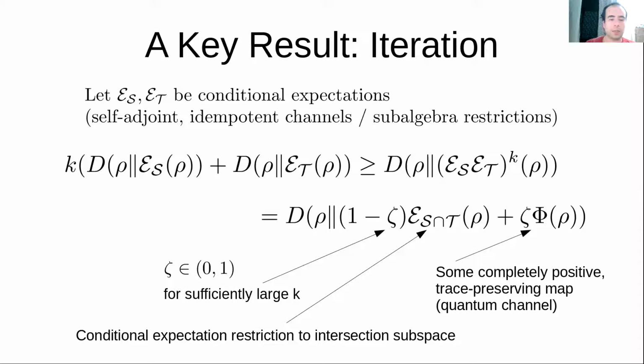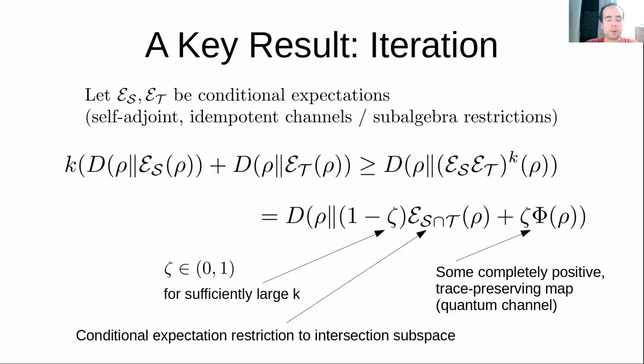Now, a key result underlying this work is that for several conditional expectations, in this case, we could look at two, E_S and D_T, if we start with the sum of relative entropies of a density with respect to its conditional expectation, and these conditional expectations restrict to von Neumann subalgebras, they're self-adjoint projectors, this sum is an upper bound on a single relative entropy with respect to a chain or composition of these conditional expectations.